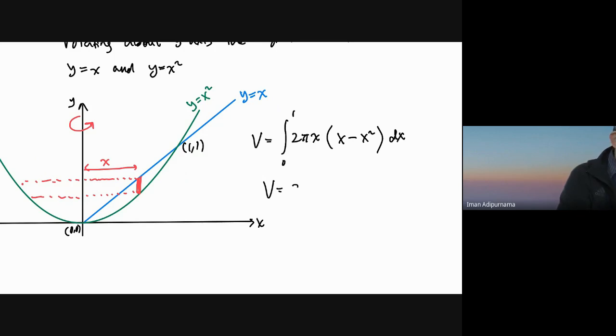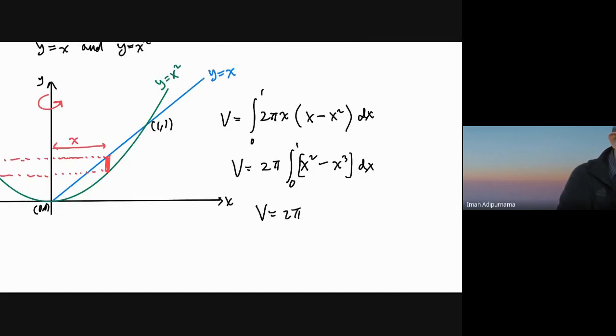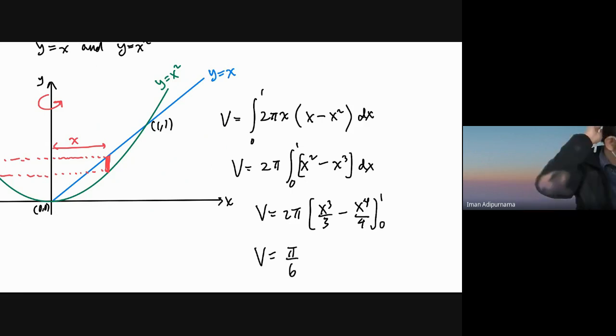And the volume, 2 pi, and integrate this. This is 1 over 12, right? And then this will be pi over 6.